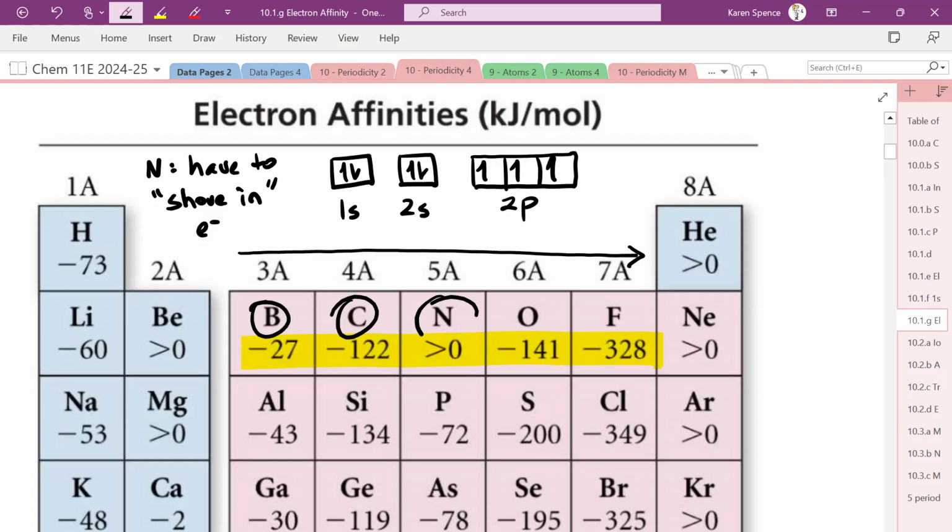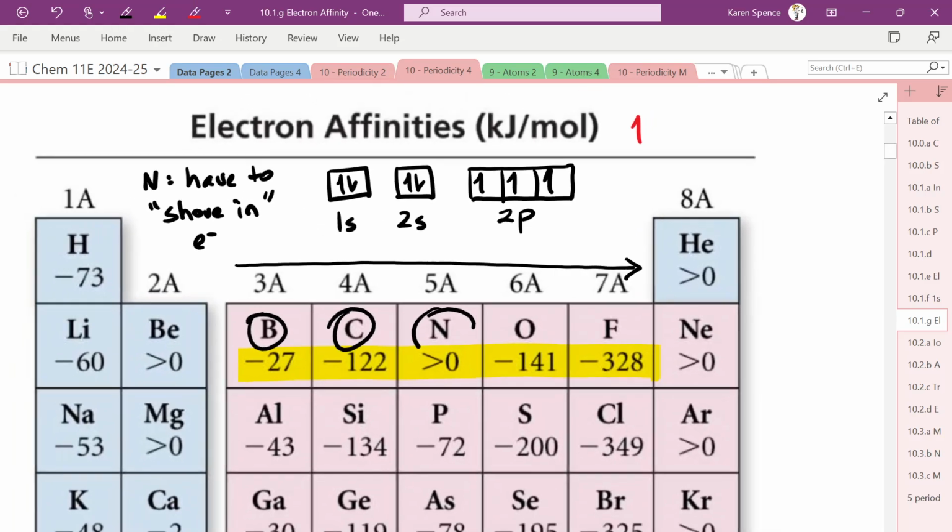So when we're going to take that next electron, which I'm going to draw my next electron like red, where does it have to go? It goes into an already occupied subshell.